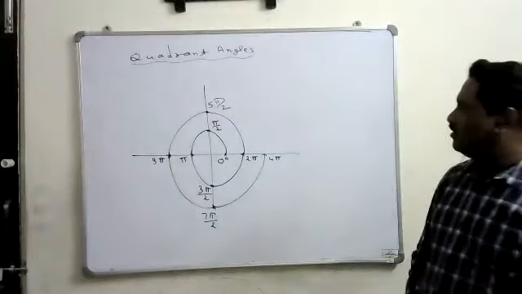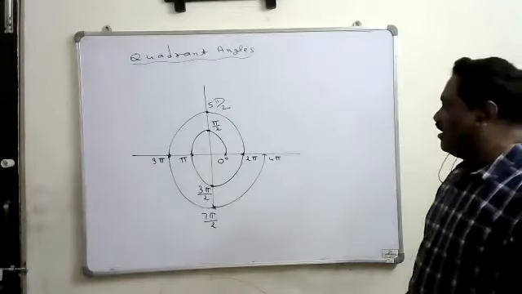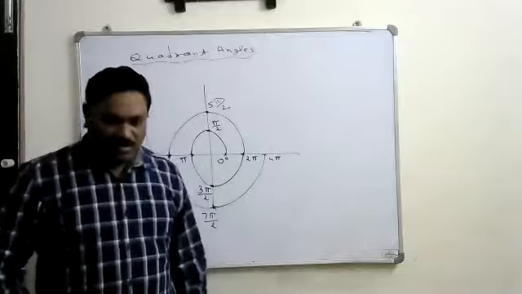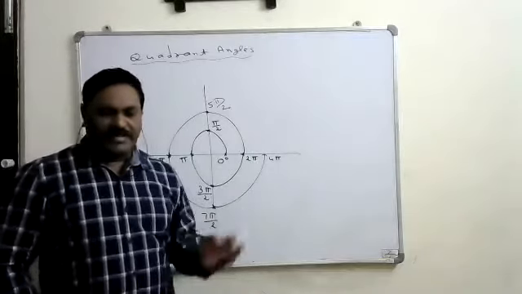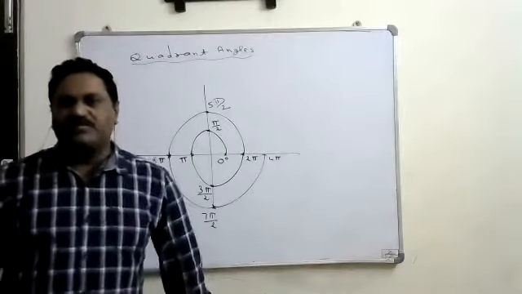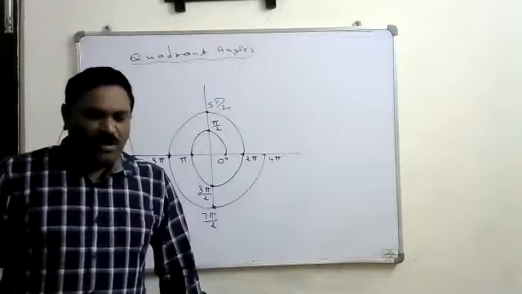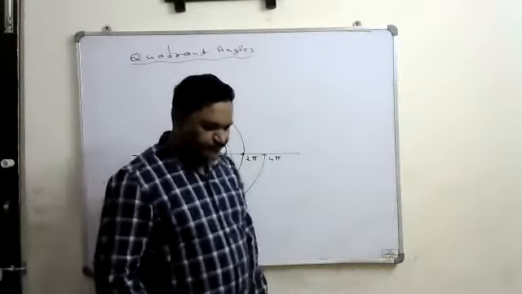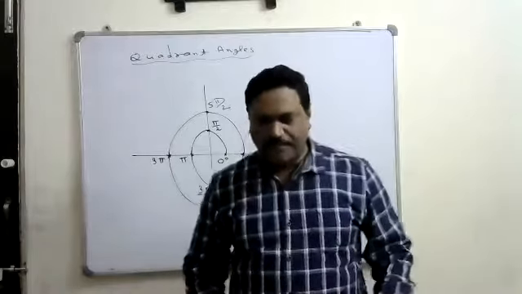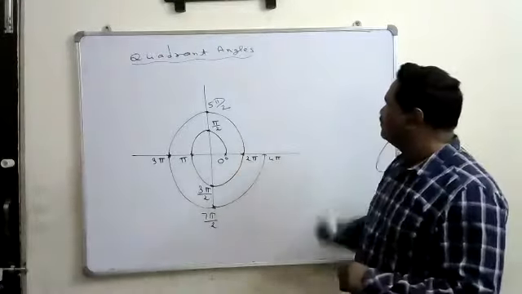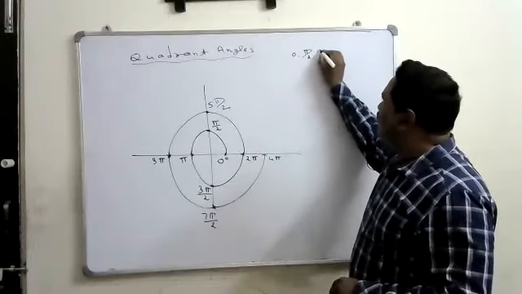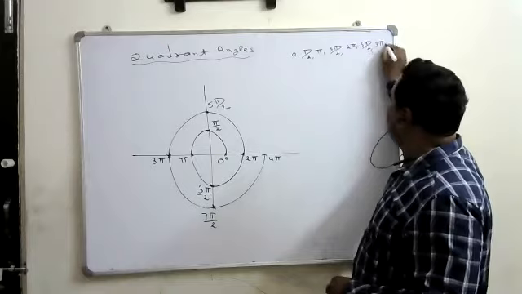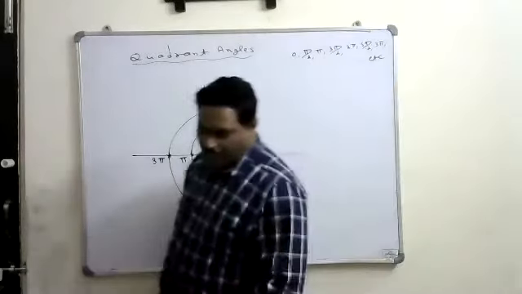First give the subheading: the angles which lie on the coordinate axis are called quadrant angles, that is 0, pi by 2, pi, 3 pi by 2, 2 pi, 5 pi by 2, 3 pi, etc.